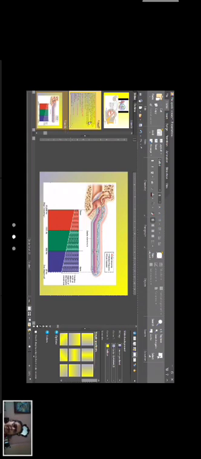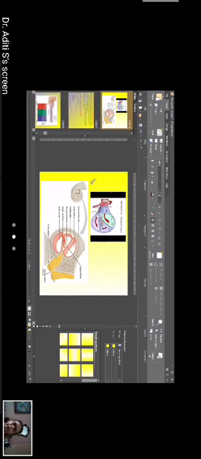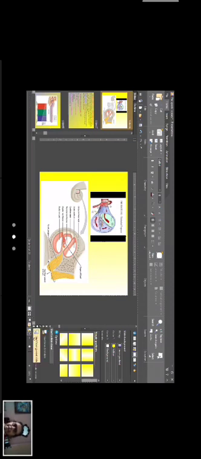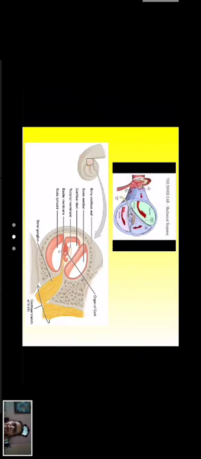On the basilar membrane lies the organ of Corti, the sense organ of hearing. See here, this is the basilar membrane, and on this is the organ of Corti.